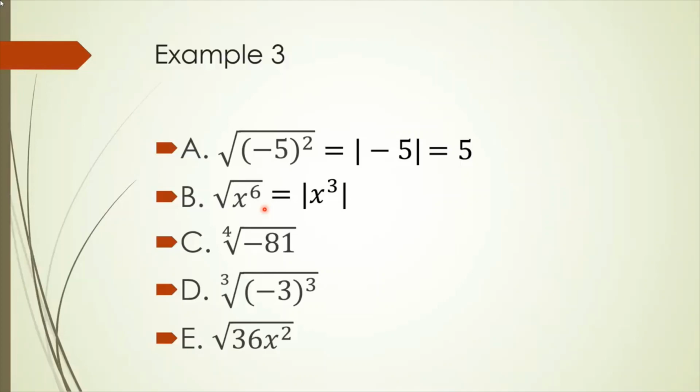But here you do. This is a 2, and like I said, it works like division. So 2 goes into 6 3 times, and it would be the absolute value here because you don't know if x is positive or negative, but you know that the result has to be positive. The 4th root of any negative number would be not a real number.